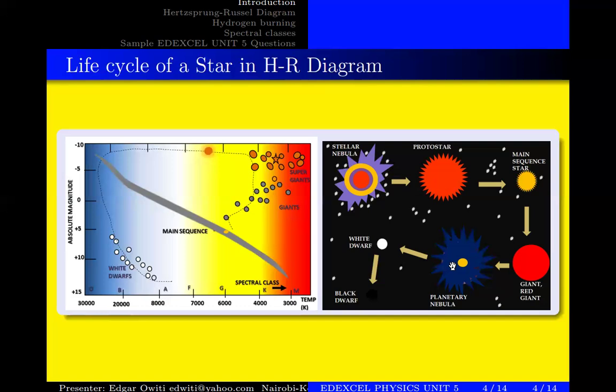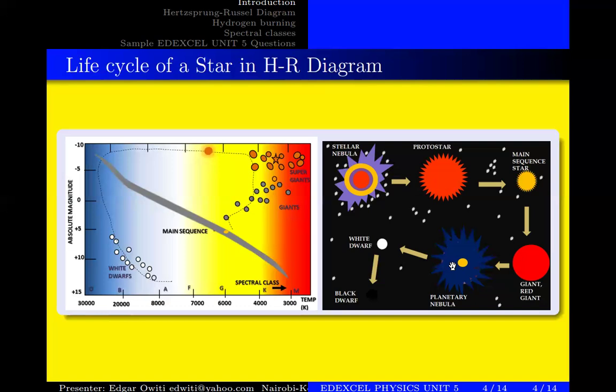Then, like I said, the star explodes, becomes a white dwarf, becomes less luminous, reduces in temperature, and it is considered practically dead. So the two diagrams basically explain the entire life cycle of a star.